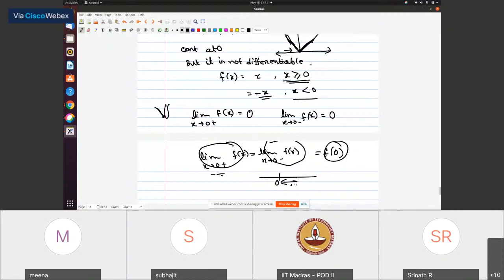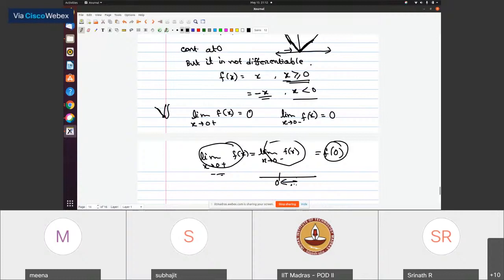When we are approaching 0, the value the function approaches is the limit. That does not imply the value of the function at the point x equal to 0. That may not happen.